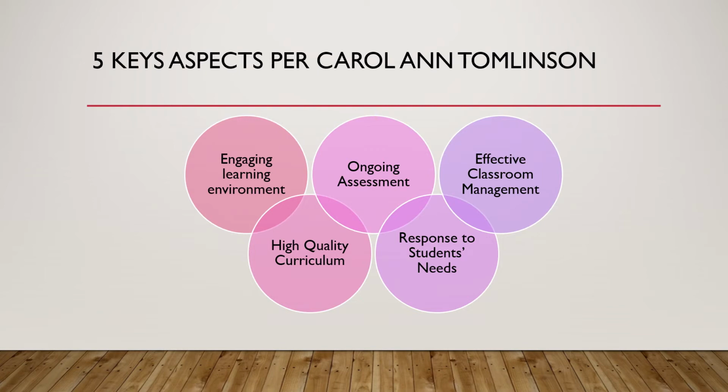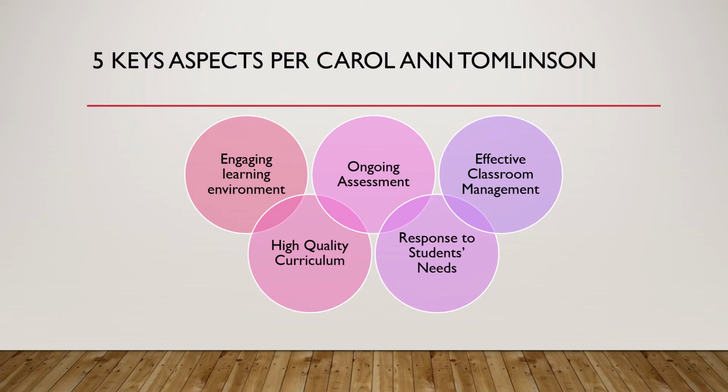So in the final video on the IRIS website, Carol Ann Tomlinson discusses five key aspects of differentiated learning, and four of them came from one of her students, but they are all very much tied into what we have already talked about. First, an engaging learning environment, which will keep your students interested, make them want to do better, and make them achieve better.